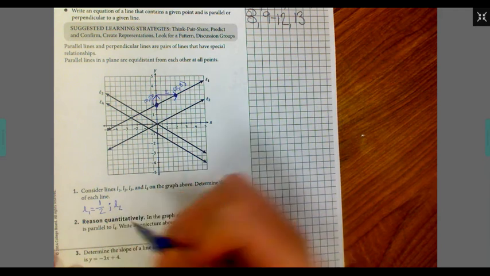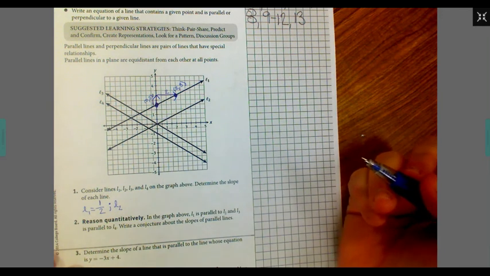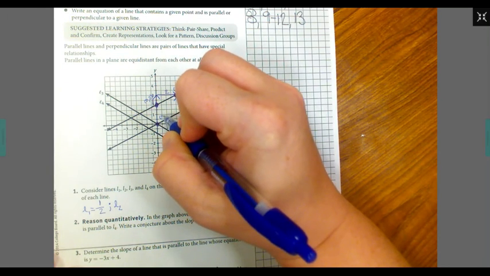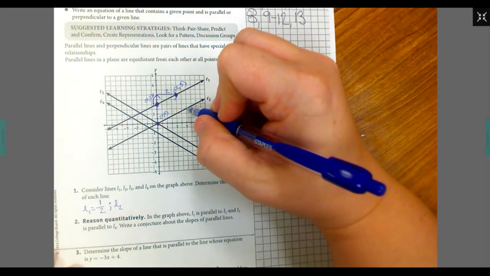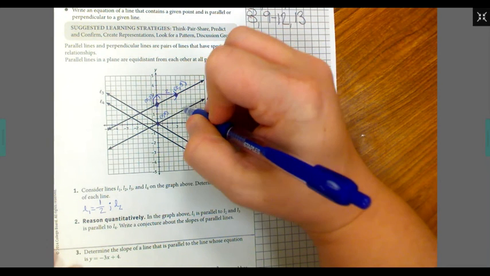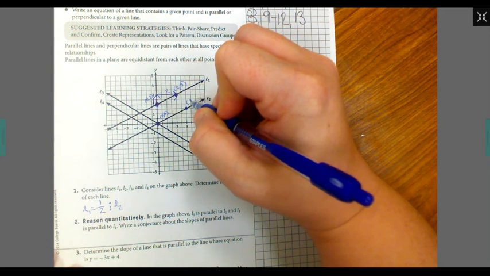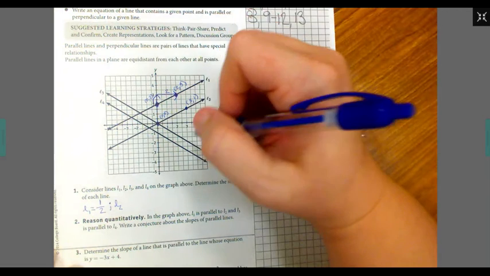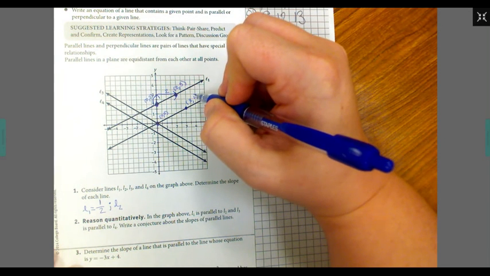Next, we're going to look at L2, the slope of L2. I have an ordered pair here at 0, 0. Let's see if we can identify another point on the line. I have 3, 1, it looks like. Sorry, that's 3, 1.5.